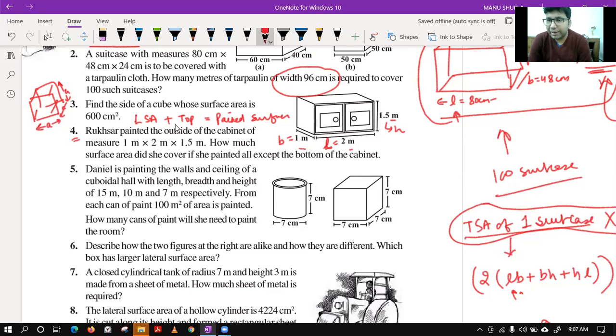Now you can bring in the characters and they can play the whole story simply, because LSA is simple, twice into H bracket L plus B, and that top is simply L into B. Yes class, I hope it is clear to you. LSA is given by 2H(L plus B) and top is given by L into B, that is equal to that painted area. Any doubts in this thing? Just we need to put the values of L, B and H and we will get the answer.